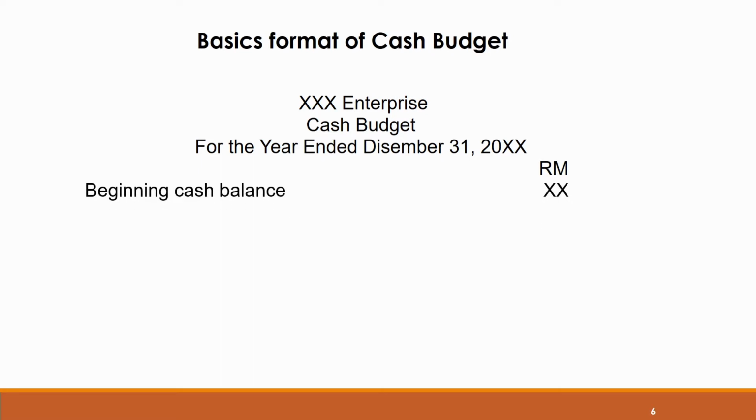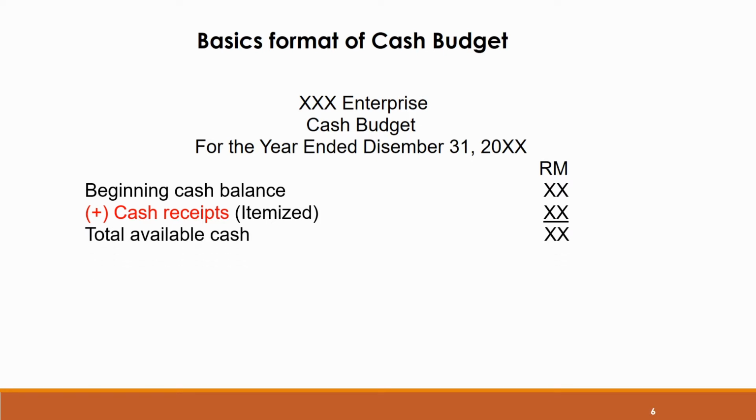Number 1, we have to record the beginning cash balance. Number 2, we have to record cash receipt. We have to list all the items that relate to cash receipts. Number 3, we must record the total available cash. The total available cash equals the beginning cash balance plus cash receipt.